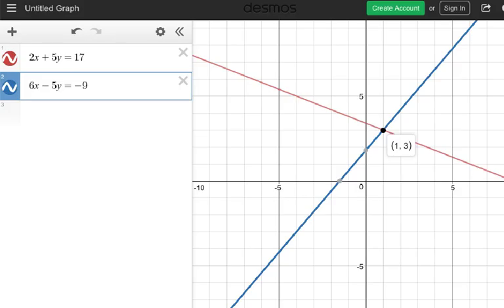So I graphed the two equations, and sure enough, they intersect at 1, 3. So that is their solution. So we know that we're right. So you can always check yourself either by graphing or by plugging the x and the y back into the equation in both of them. And if they both work out fine, then you know you're right.